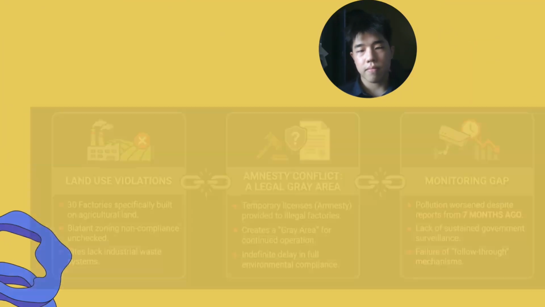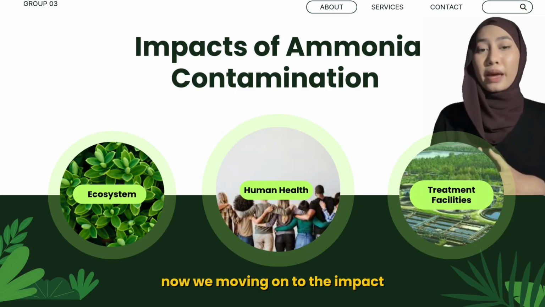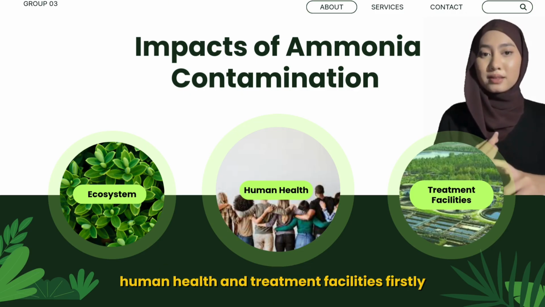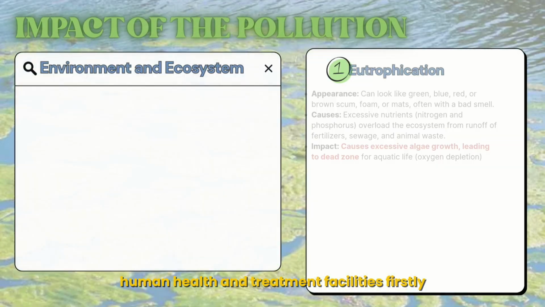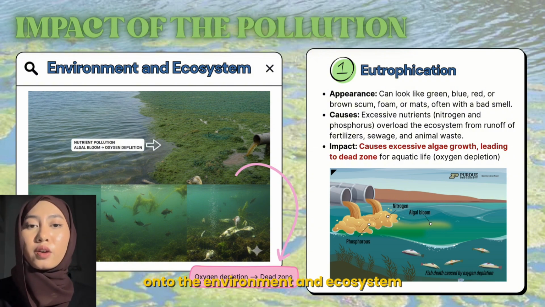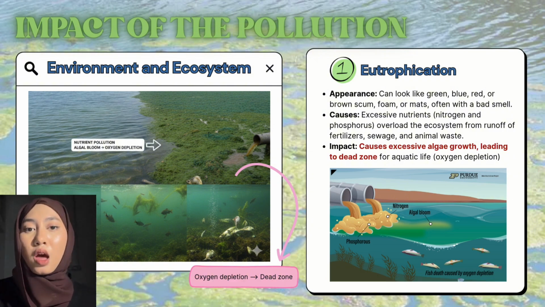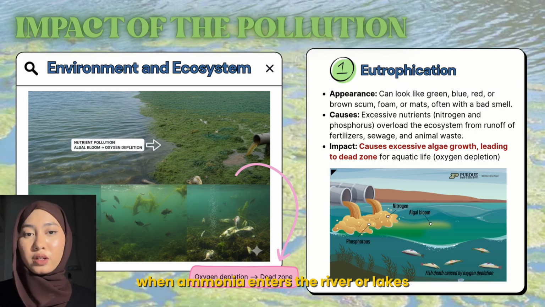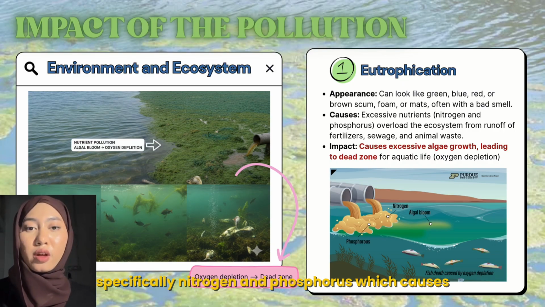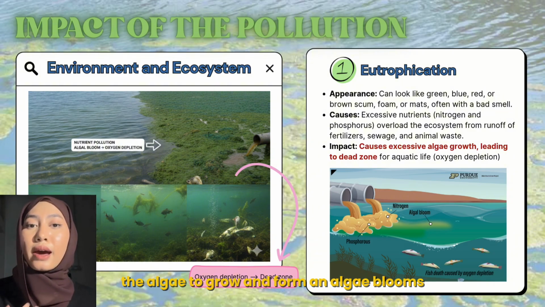Thank you. Now we're moving on to the impact of the ammonia contamination on the ecosystem, human health and treatment facilities. Firstly, we will dive into the impact of ammonia on the environment and ecosystem through eutrophication. When ammonia enters rivers or lakes, it adds excess nutrients, specifically nitrogen and phosphorus, which cause algae to grow and form algal blooms.